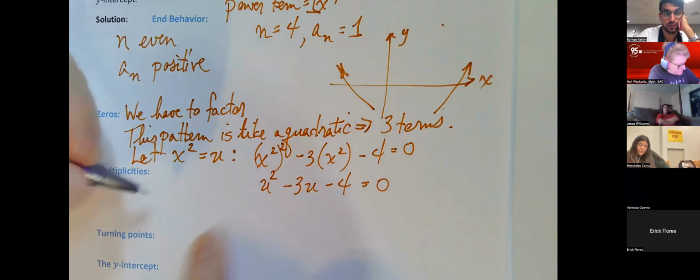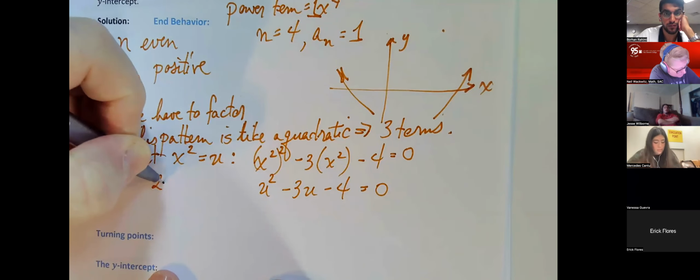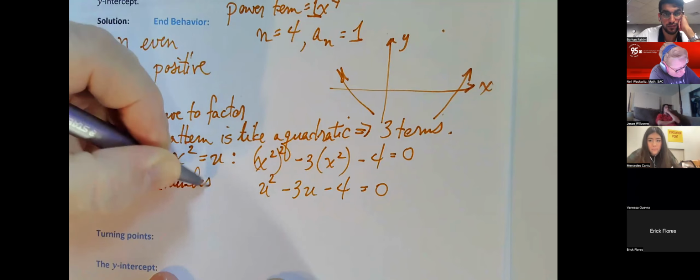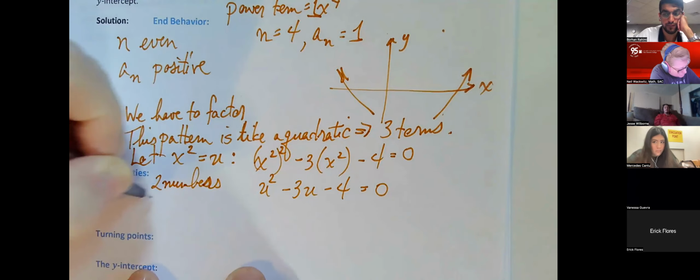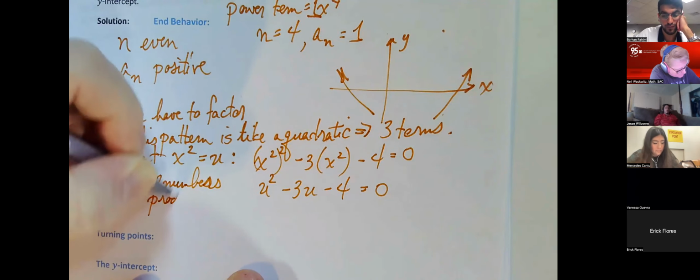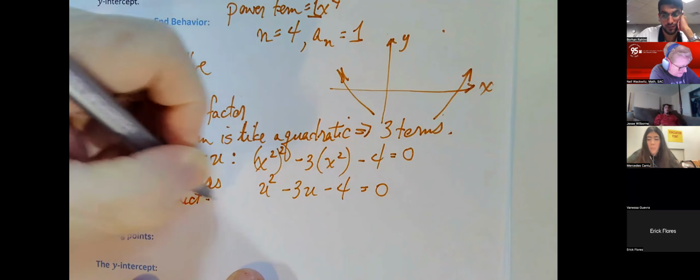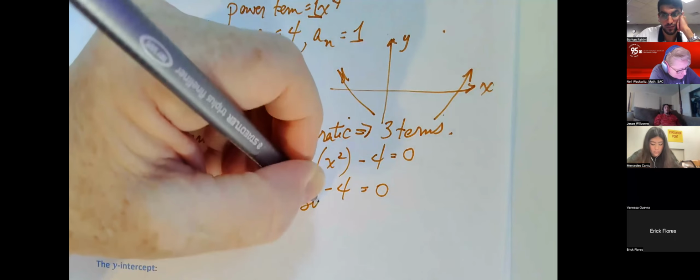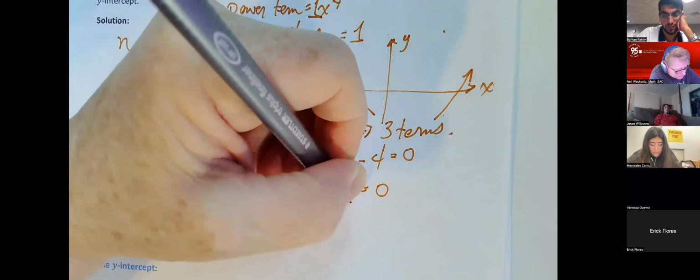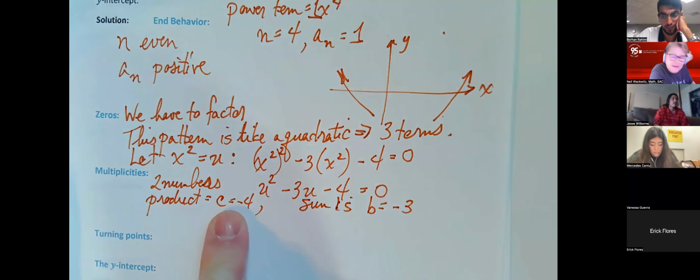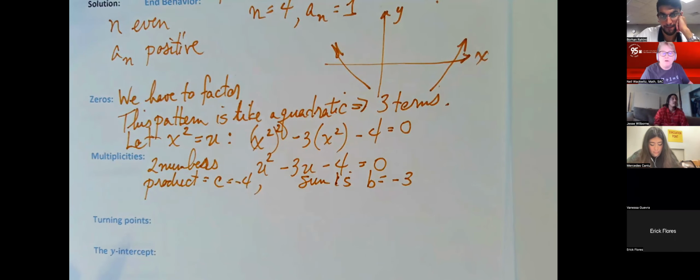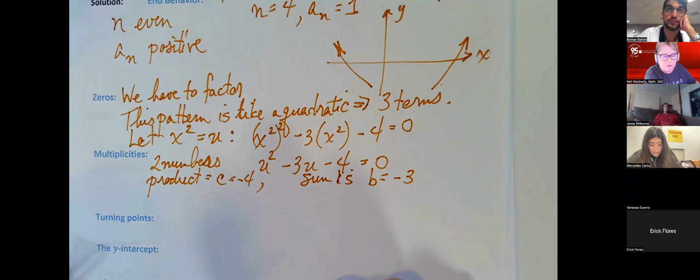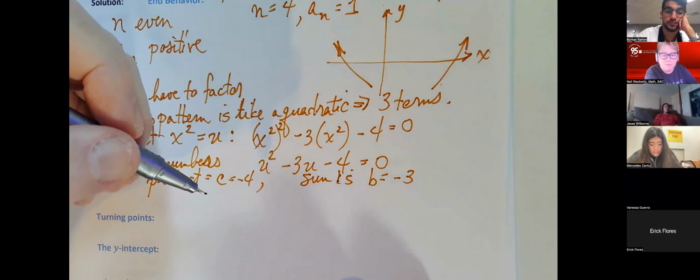So we need 2 numbers whose product is C, which is -4, and whose sum is B, which is -3. Tell me any 2 numbers you can think of whose product is -4. 2 and 2.